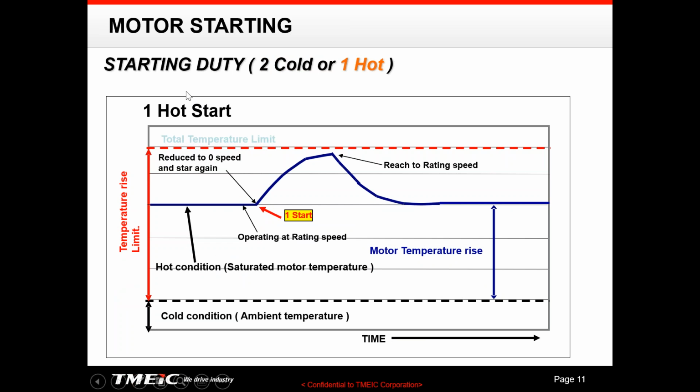So what is the one hot start? You run the motor from the cold ambient condition, and the motor temperature is stabilized. Here you see what we call the hot condition.